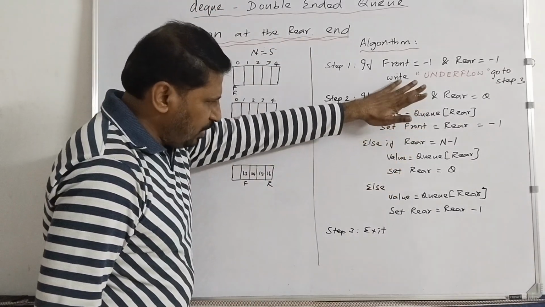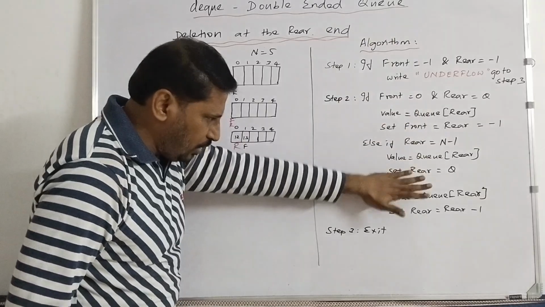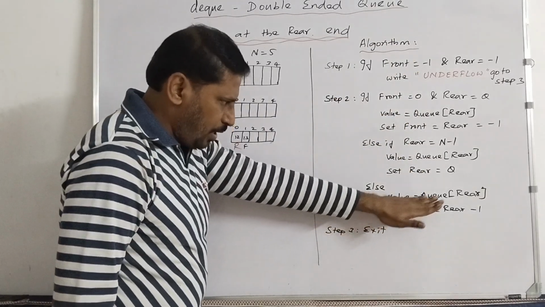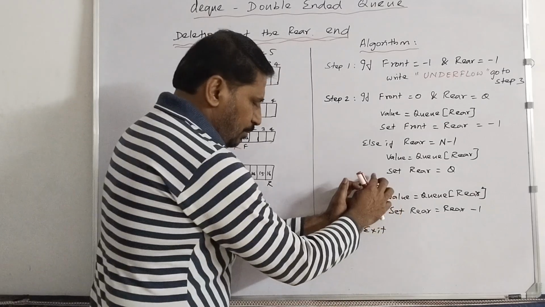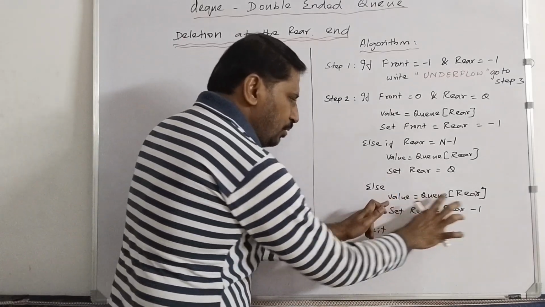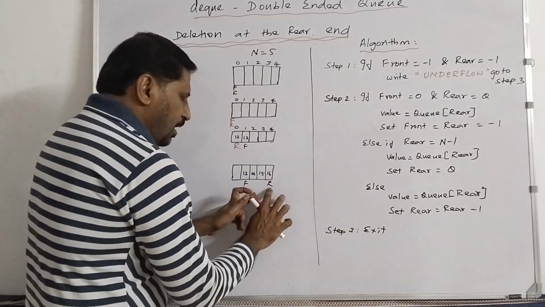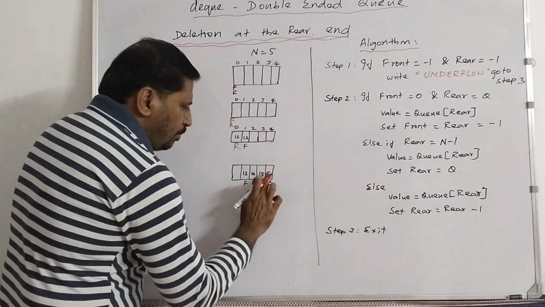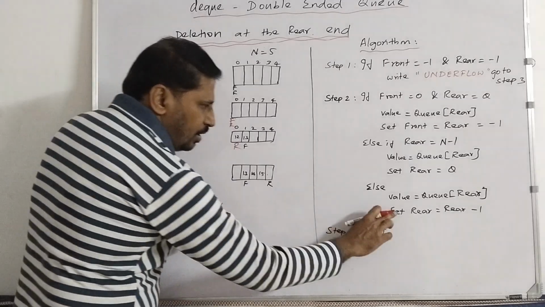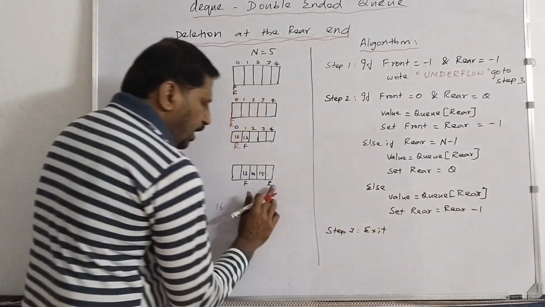And if these cases do not occur, then we come to the normal execution. So in the else part, else means normal execution. Normal execution is nothing but value equals q of rear. So this is the condition. Suppose this is normal. We are taking 16 out. After that, set rear equal to rear -1.